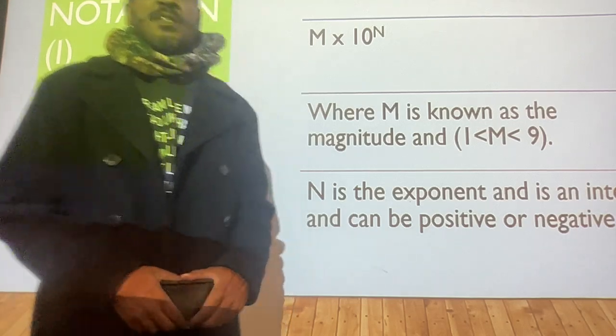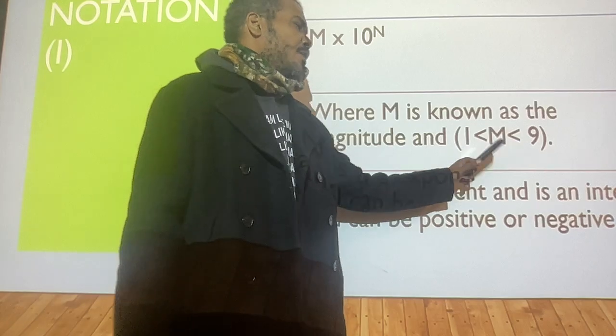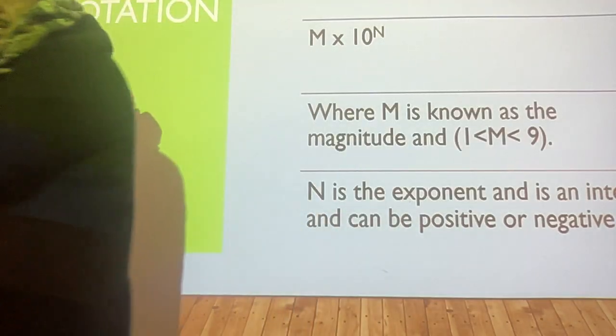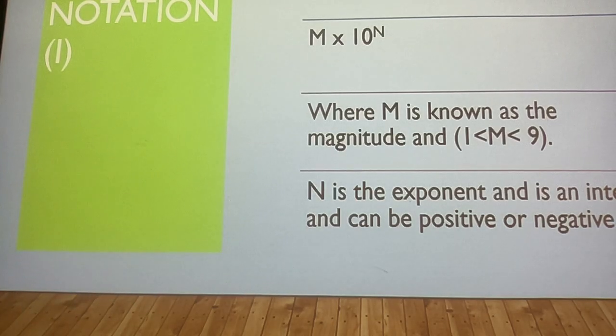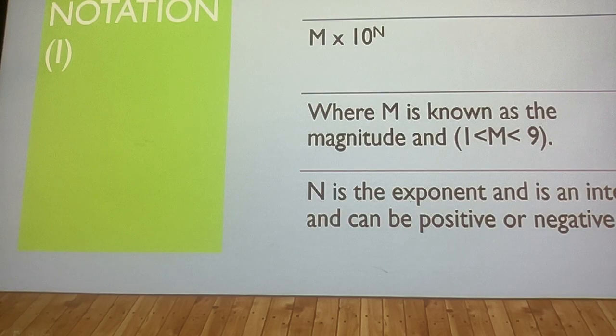That's incorrect scientific notation. The number must be between 1 and 9, and that could be decimal numbers. It could be 5.4 times 10 to the something, 6.5 times 10 to the something, or just 6, or just 5. So it's that general form right there at the top, M times 10 to the n.